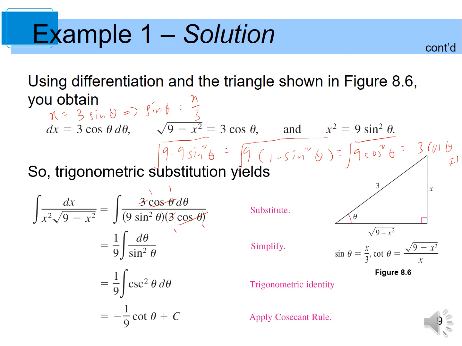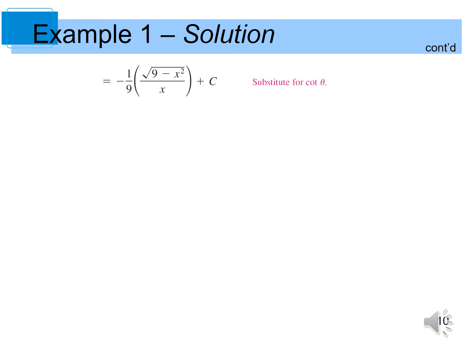So we have radical 9 minus x squared over x. After we substitute into our cotangent theta, we simplify our answer.